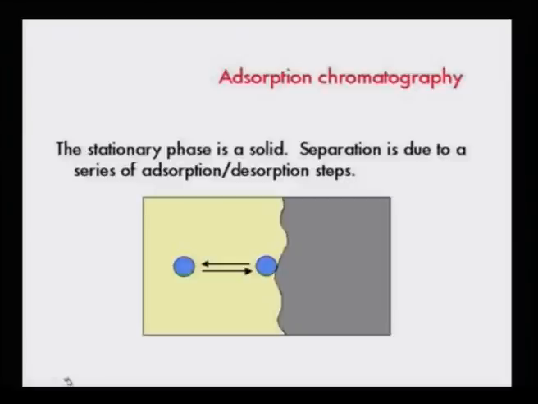The stationary phase is a solid. Separation is due to a series of adsorption and desorption steps. One has to remember one thing very clearly: wherever there is adsorption, the next step is desorption, and that is how it moves on.